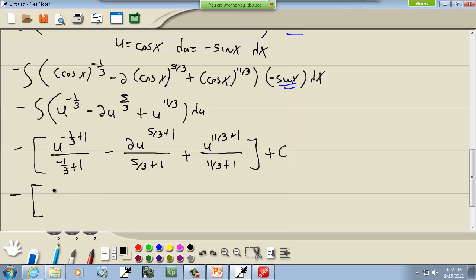So this becomes u to the 2/3 over 2/3 minus 5/3 plus 1 gives us 8/3 over the 8/3 plus, and this becomes u, 11/3 plus 1 gives us 14/3.